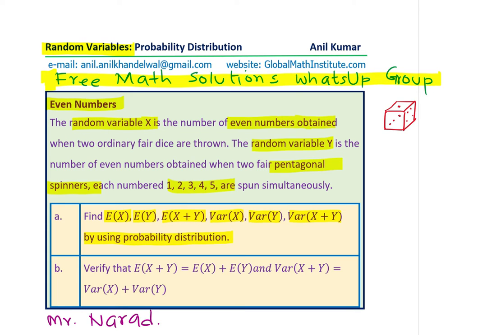And part B is to verify that E of x plus y is equal to E of x plus E of y, and variance of x plus y is equal to variance of x plus variance of y. So you need to work on expectations and variance for the two events and also the event which we are saying x plus y. Correct? So that is the question.